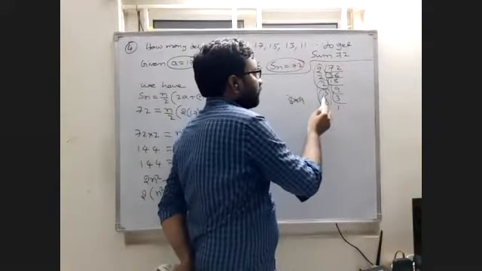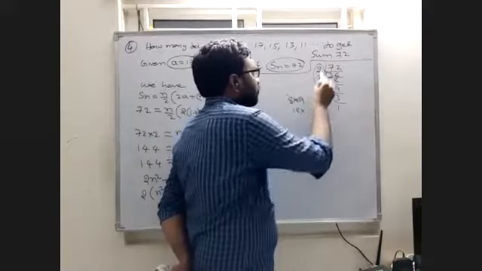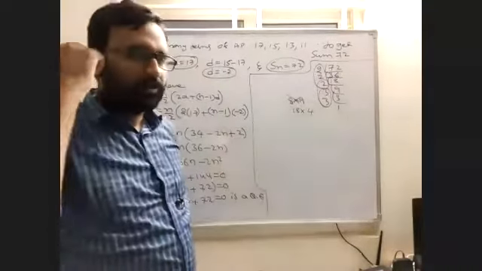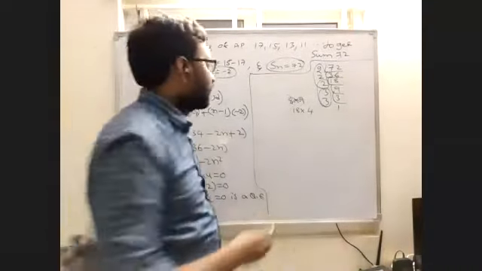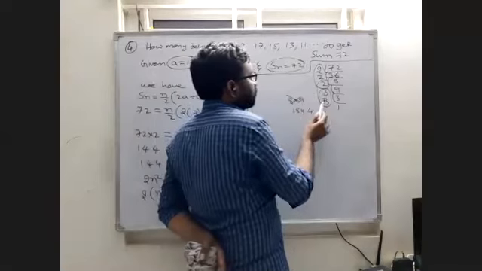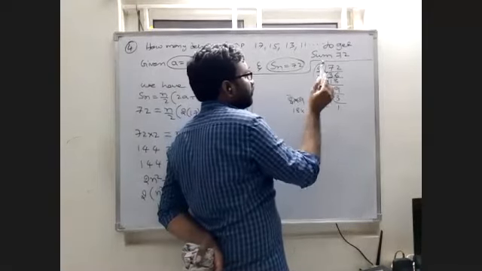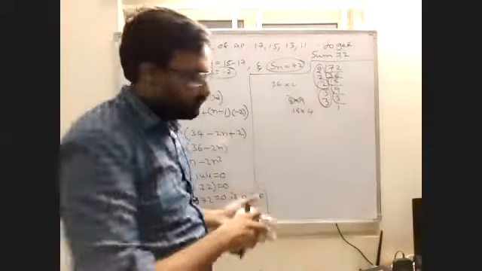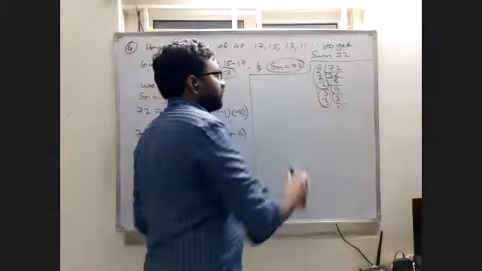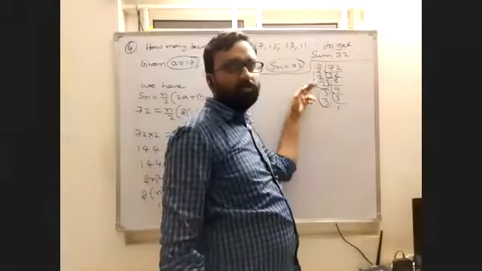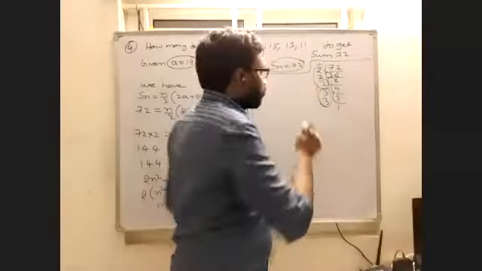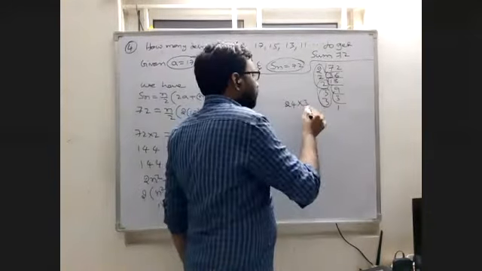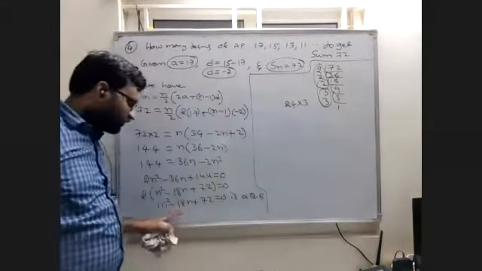18 into 4 is 72, but 18 minus 4 is not 18. Again, 36 into 2 is 72, but 36 minus 2 is 34, which is also wrong. Now 24 into 3 is 72, but 24 minus 3 is not 18.